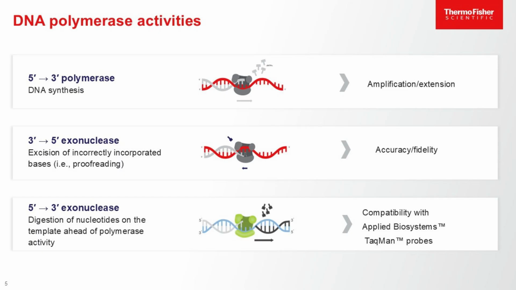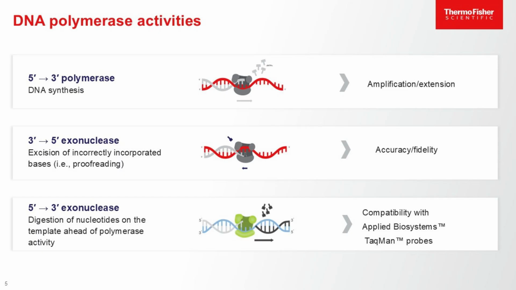And the third one, 5' to 3' exonuclease activity. The activity allows the DNA polymerase to degrade nucleotides in the 5' to 3' direction, which can be used to degrade probes like TaqMan during the PCR process. It is important to note that not all polymerases possess the same activities.